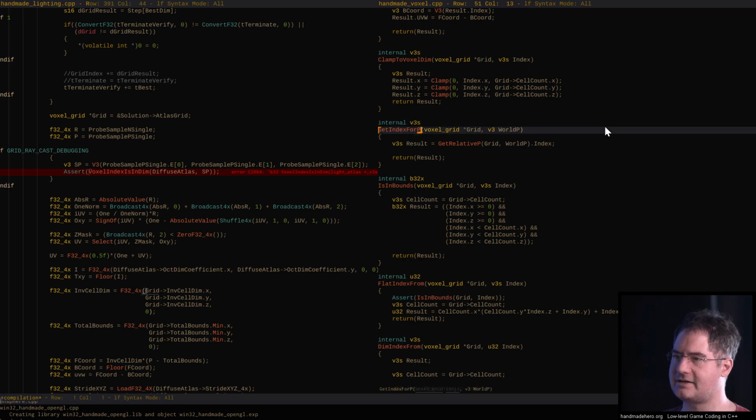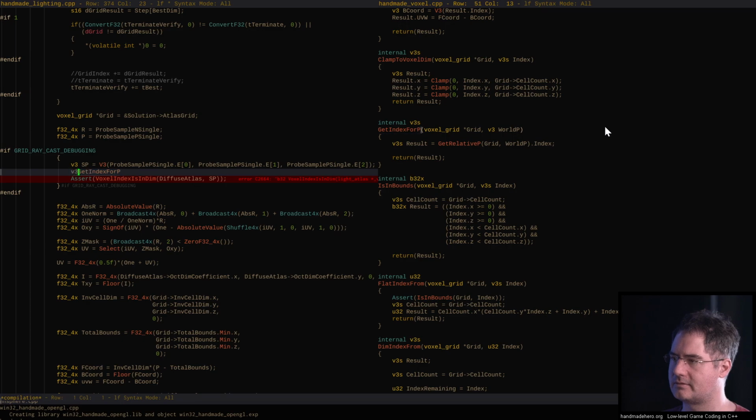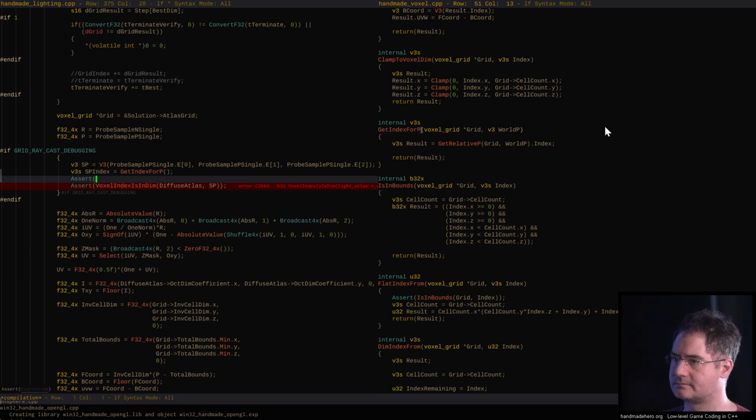So we'd say get index for p and then assert in bounds. Right? Something like this.